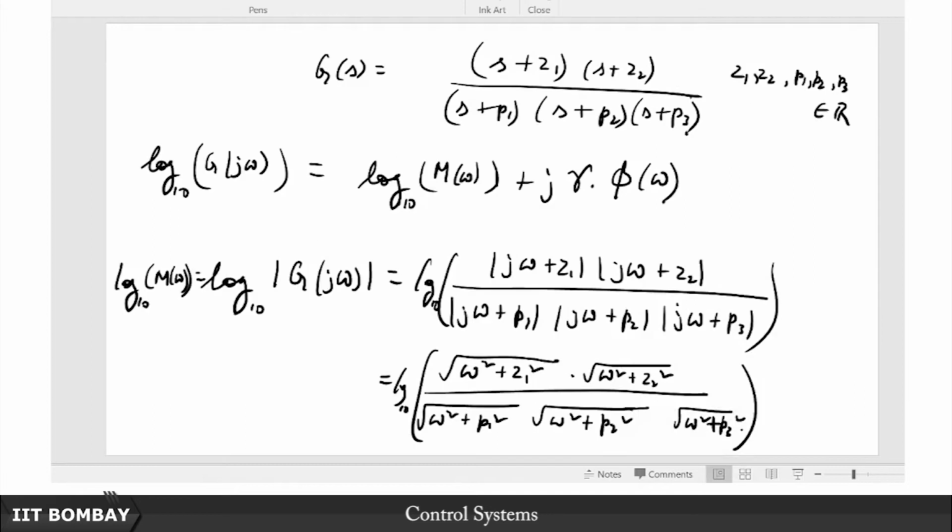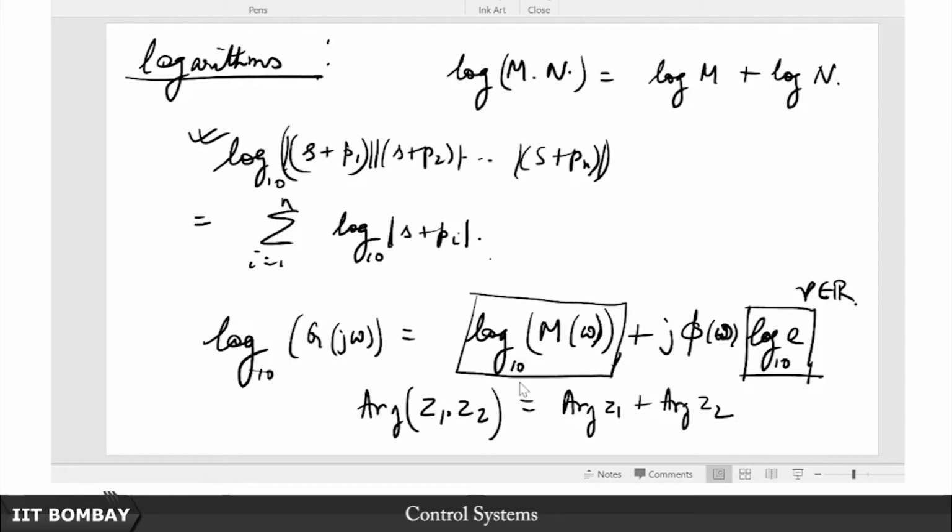You see, in taking this logarithm, we get so many advantages. One is, of course, we are fitting it over a wider range of ω. Two, we have now clearly and cleanly separated the magnitude and the phase part as the real part and the imaginary part of this logarithm of G(jω). And three, whatsoever we do to the constituent blocks of M(ω), that we do to every single constituent block in obtaining φ(ω) as well.